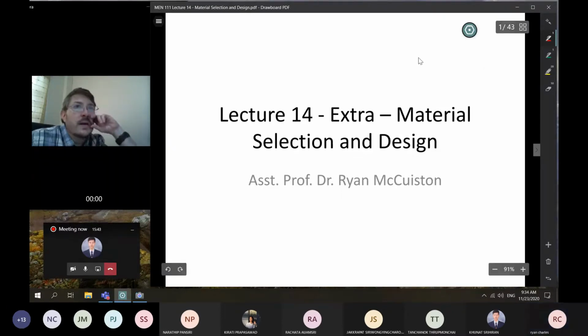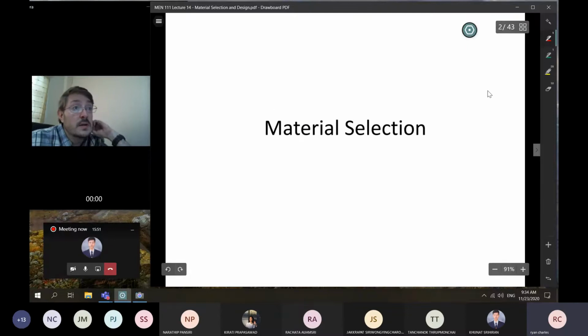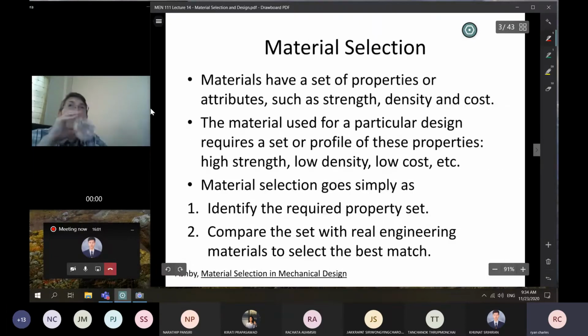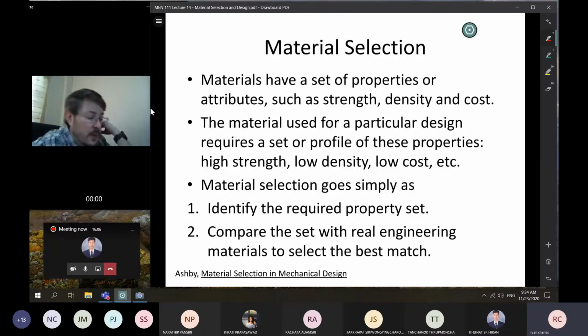All right. What do we got here today? Material selection and design. This would be a chapter towards the end of the book I gave you. Now, at some point, a good chunk of civil engineers perhaps have to decide, what material do I pick for something?